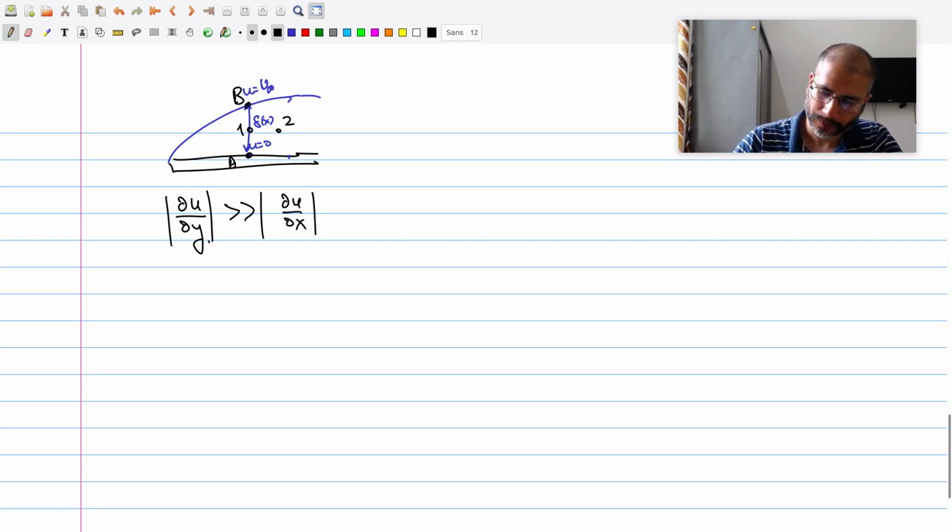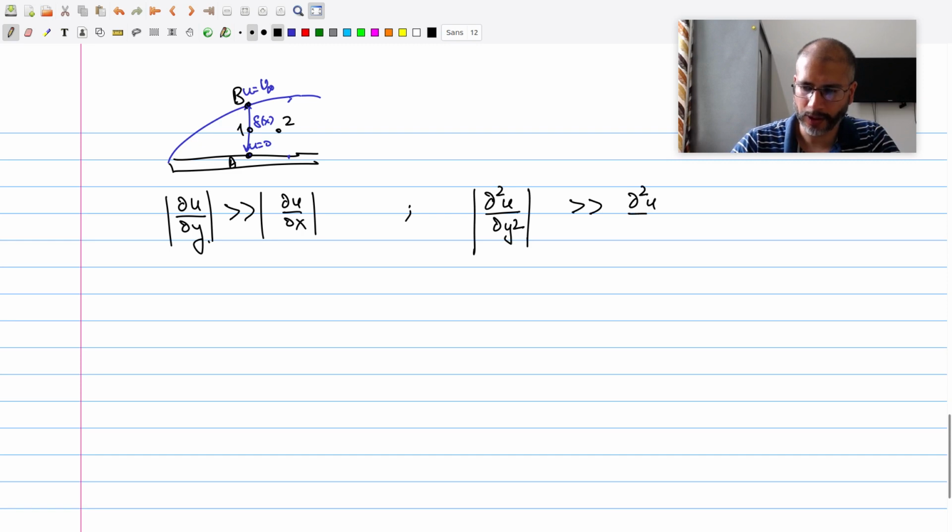Similarly, the second order differential in the y direction is going to be much larger as compared to the change in the x direction. Again I put a mod here because we're talking about the magnitude, not the signs. The sign could be different.